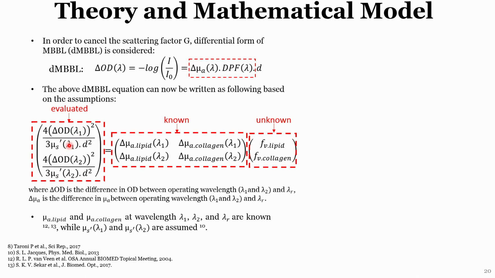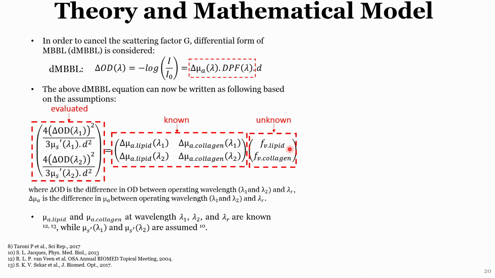So, this is also known. The unknown is the volume fraction of the lipid and collagen. From these two equations we can back calculate the volume fraction. We come up with these values of volume fraction, and from this we can quantify whether it is diseased tissue or normal tissue.